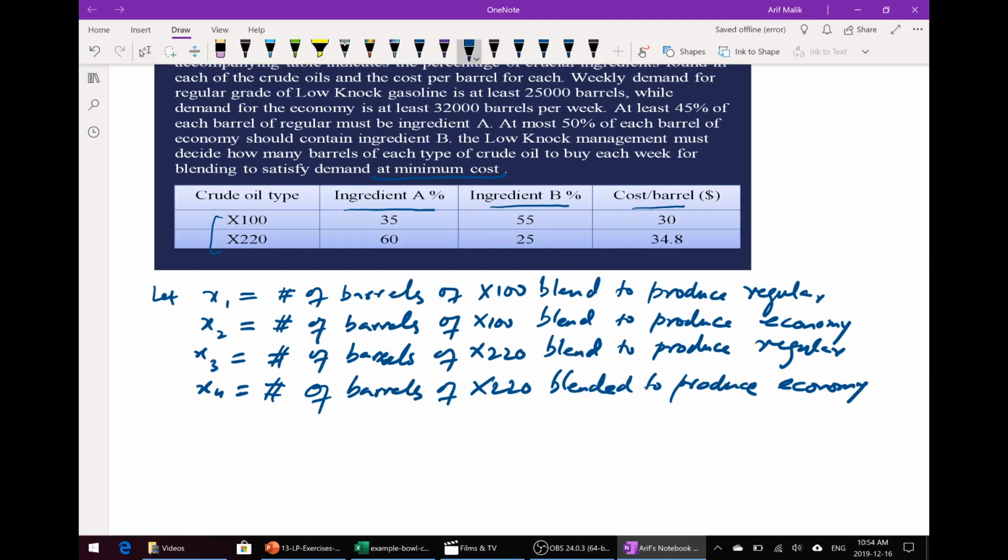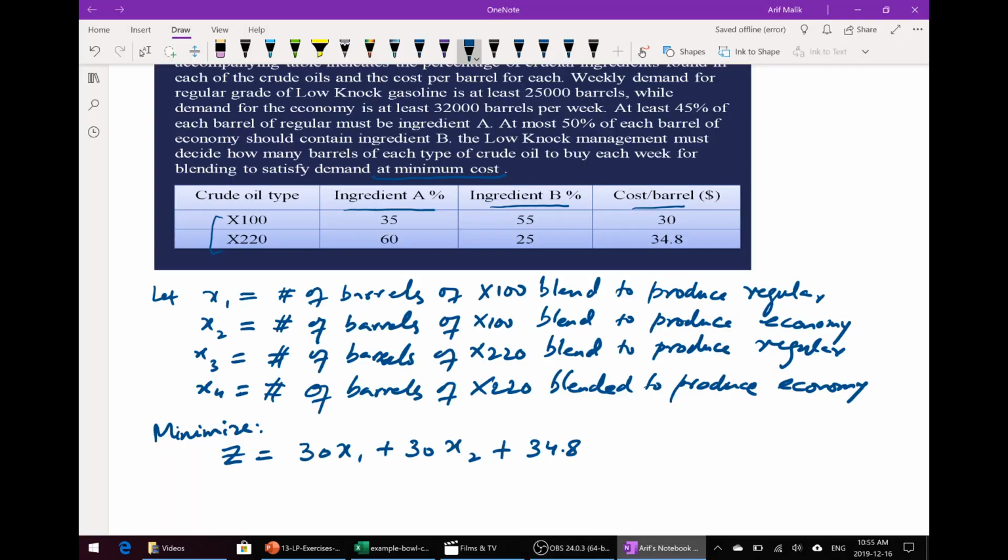Minimize Z is equal to 30 X1 plus 30 X2, which are going to produce, X100 is going to produce regular and economy, plus 34.8 X3 plus 34.8 X4.